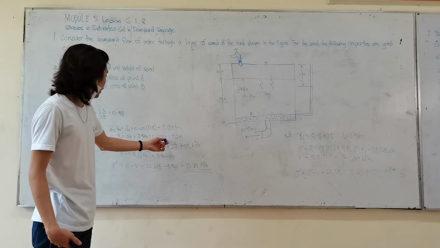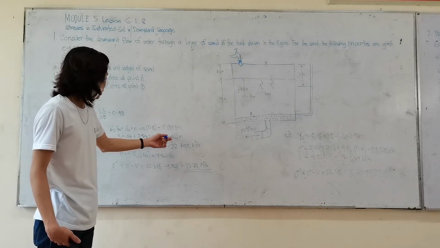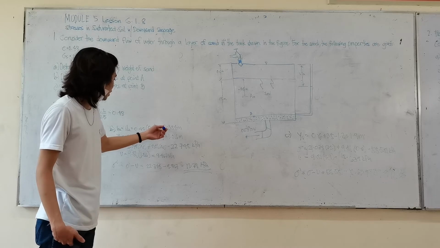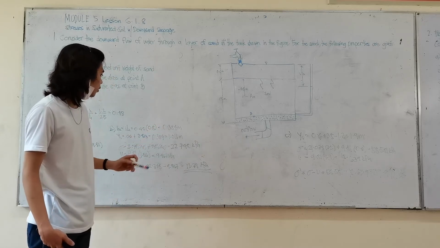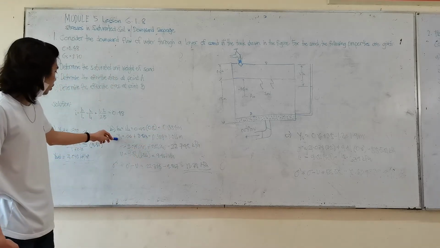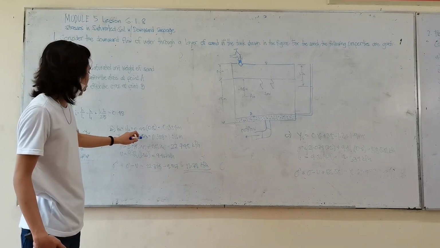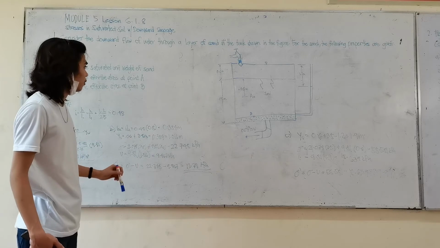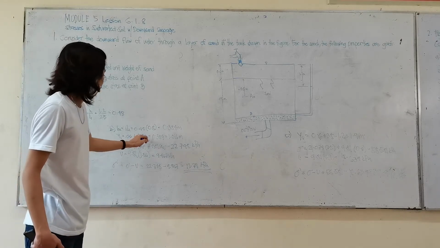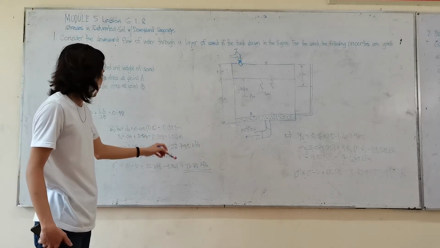We have the answer 0.384 meters. So for y2, we have 0.6 plus 0.8 minus 0.384. We have an answer of 1.016.